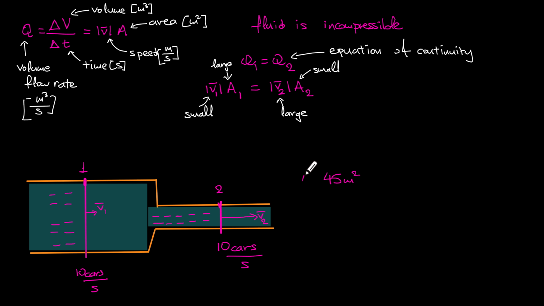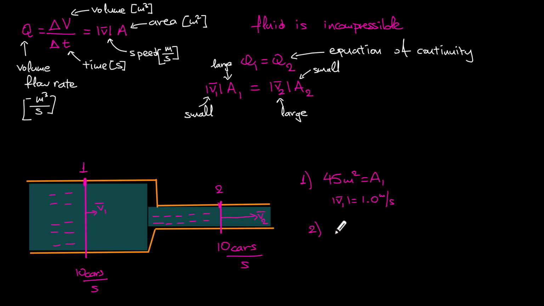At location 1, the area is 45 meters squared, and the speed at 1 is 1 meter per second.